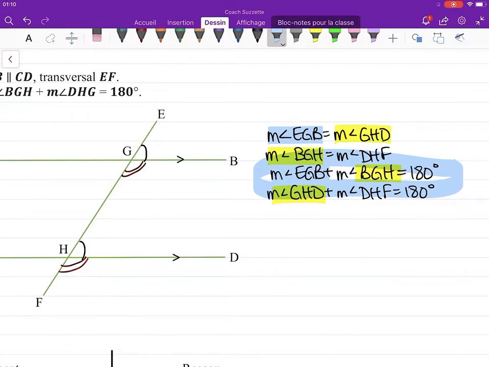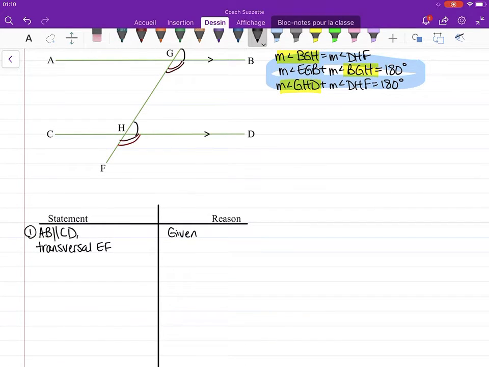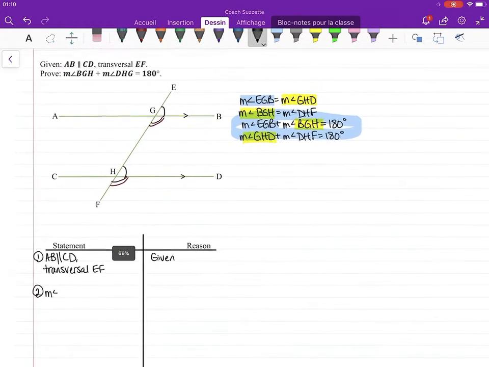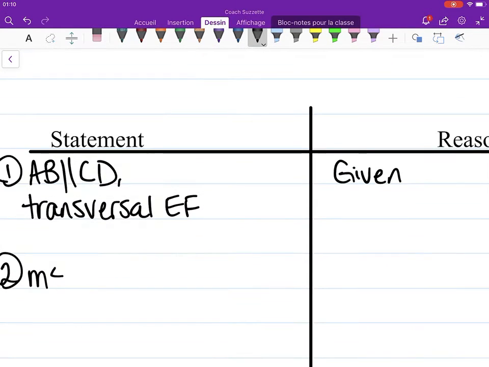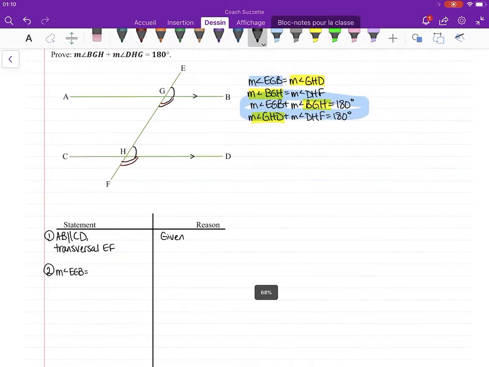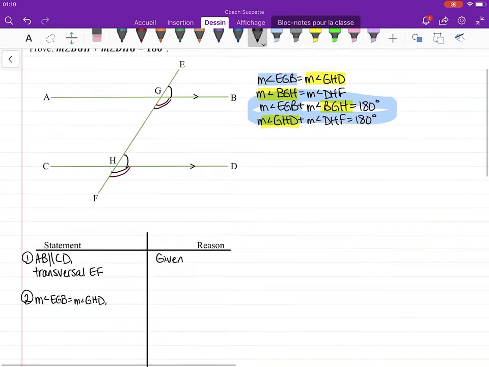Okay, so let's write. Measure of angle EGB is equal to the measure of angle GHD, and since the reason that they are equal is the same as the next line that we wrote here, I'm going to group them together in statements.